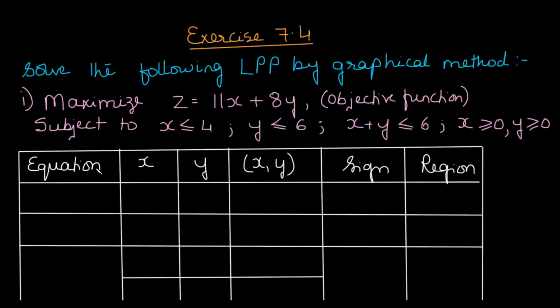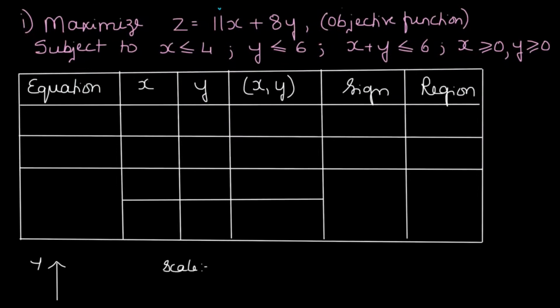So as usual, as we have been doing in the previous exercises, we are going to convert these constraints, that is these inequations, into equations and then plot a graph from them. So our first equation is going to be x equals 4. So when we write x equals 4, the x coordinate is always going to be 4 and the y coordinate is 0.